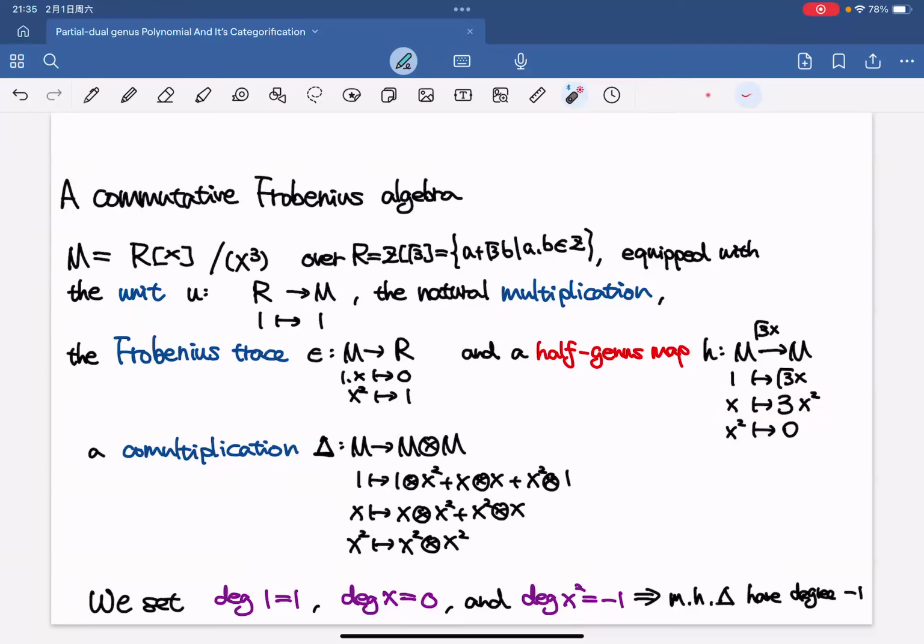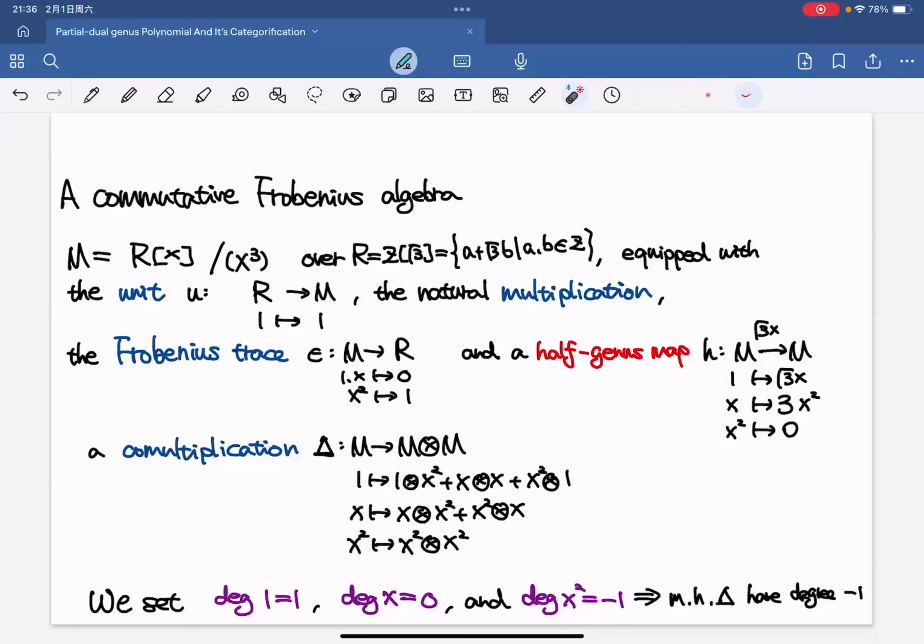We set the degree of 1 to be 1, the degree of x to be 0, and the degree of x squared to be minus 1. This setting will make the multiplication, the half genus map, and the comultiplication all have degree minus 1.